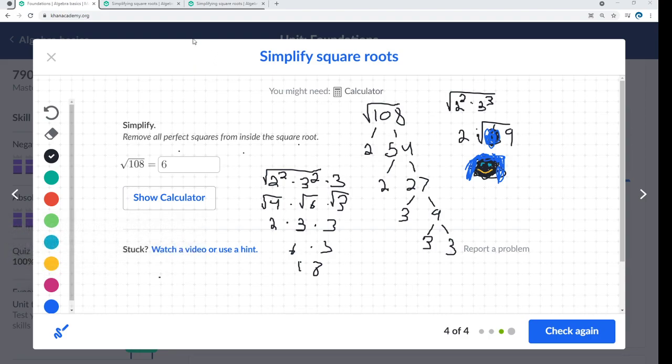And the 6 is not correct. Whereas 3 times 3... oh gosh, you're right. Oh man. 3 times 3 is 9. So that's supposed to be 9.